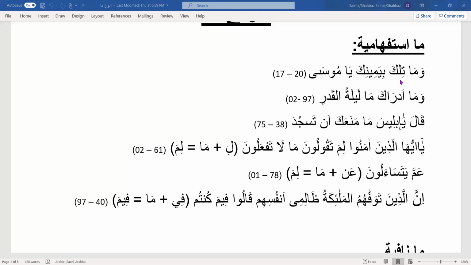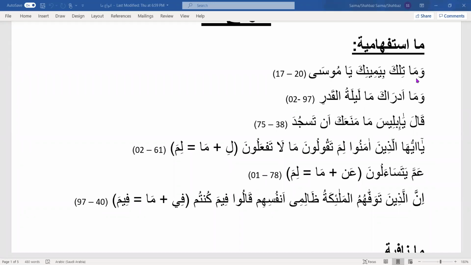Tilka, that in front of you. In front of Yaminika, your right hand. Your right hand, Ya Musa. Oh Musa, and what is that in your right hand, Ya Musa?